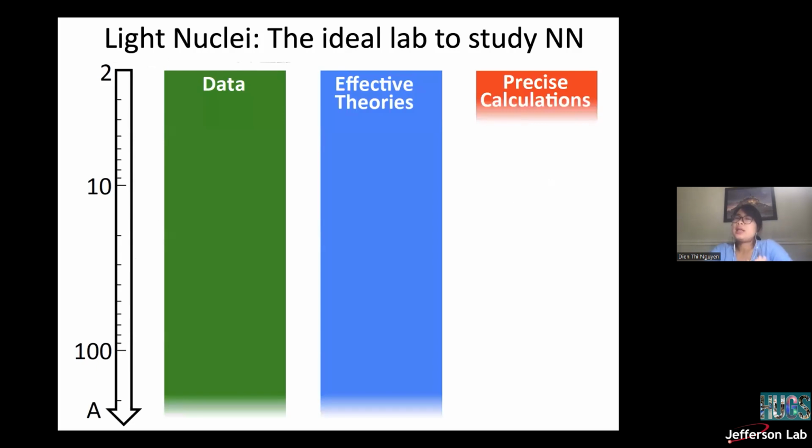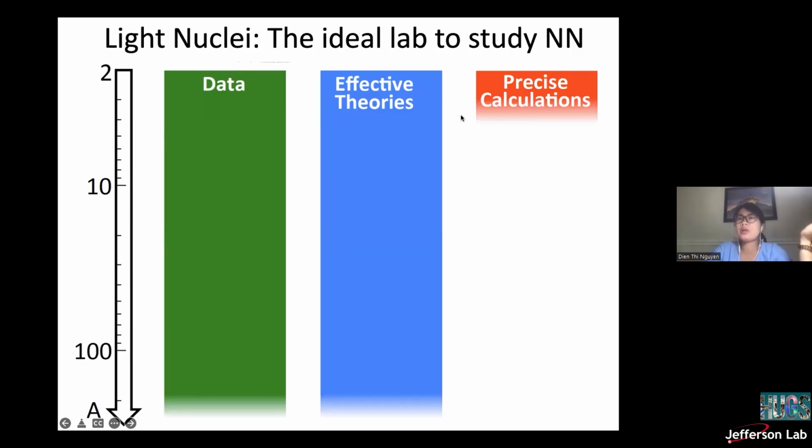For the calculation, we take data over a wide range of nuclei from light to heavy. We also have some effective theory to do calculations for different types of nuclei, not all of them, but many. But in terms of precise calculation, we only have it for light nuclei, because it's such a complicated system.